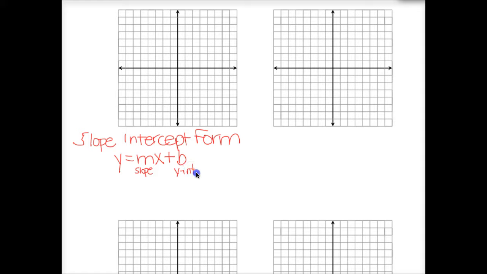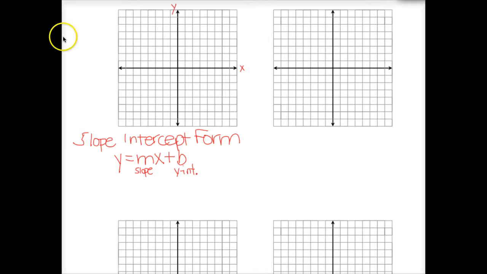If you don't know what a y-intercept is, that means where the line crosses the y-axis. When we're looking at a graph, this is our x-axis, this is our y-axis, so a y-intercept is the point where your line crosses this axis right here. So slope-intercept form, if you have it nicely lined up like that, it's great.